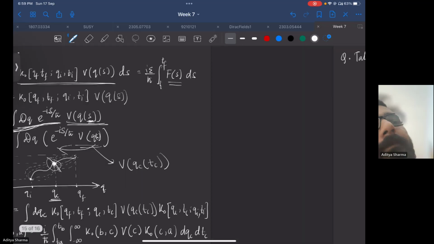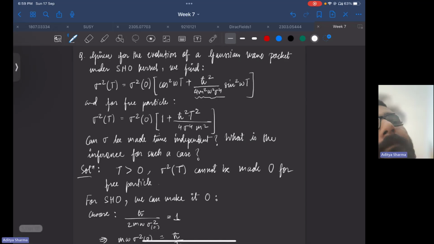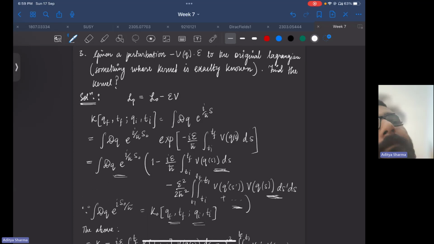So the question is, take the simple harmonic oscillator kernel. Now this is a specific case, but the method works for anything where the kernel is exactly known.